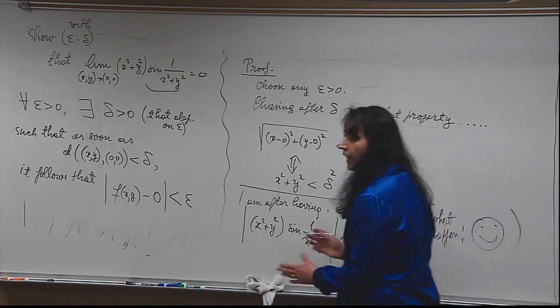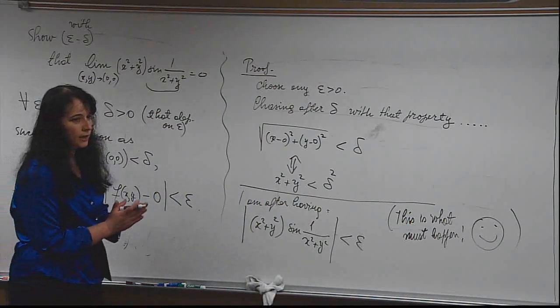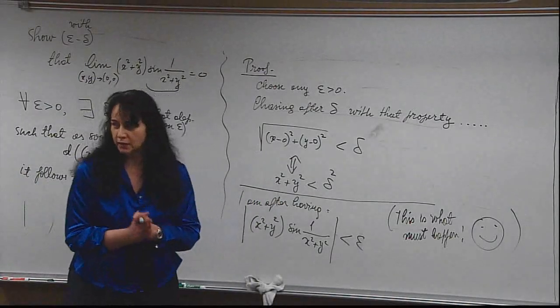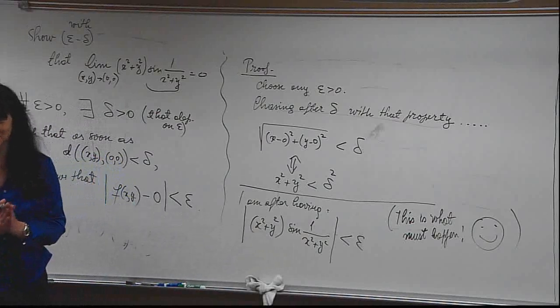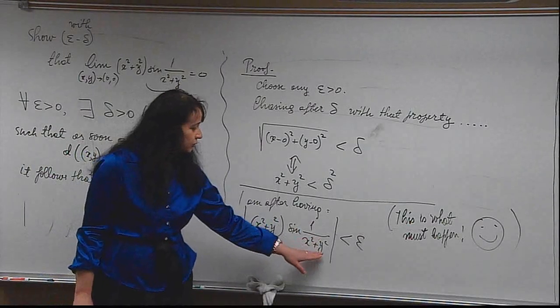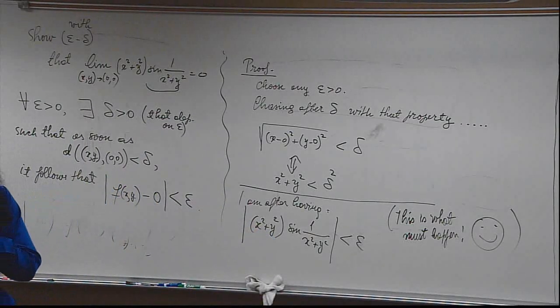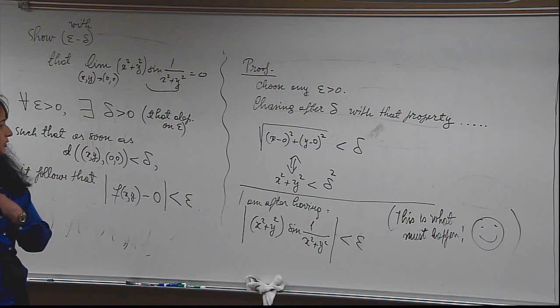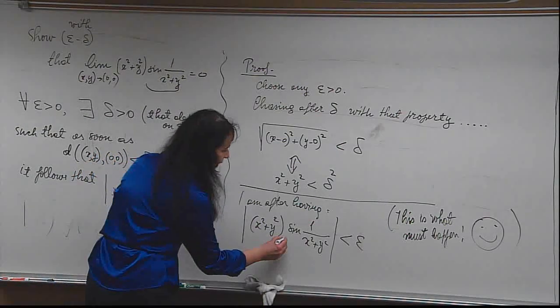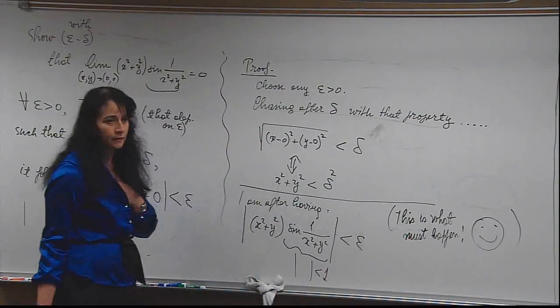Now I'm getting excited. Why? Because I started thinking. Once I started thinking, I'm dangerous, man. So here, sine of 1 over x squared plus y squared is your friend. Why is that your friend? Sine of 1 over x squared plus y squared, this is always in absolute value less than 1.